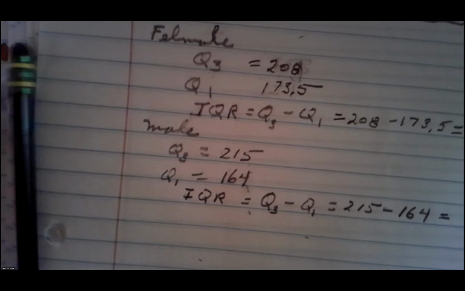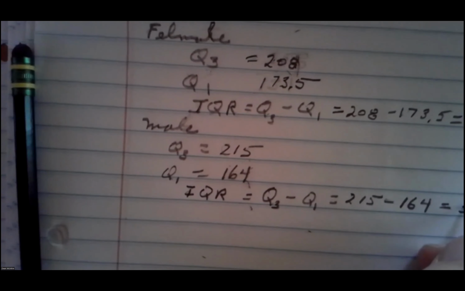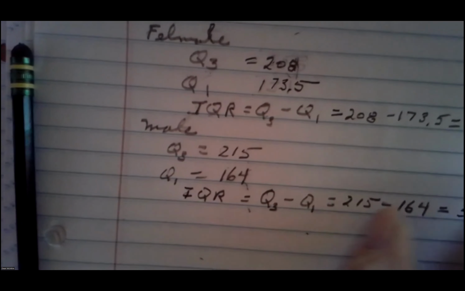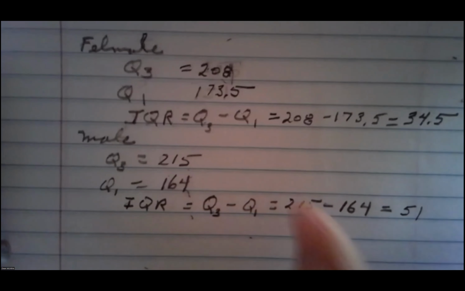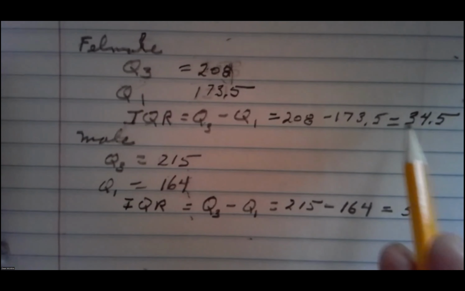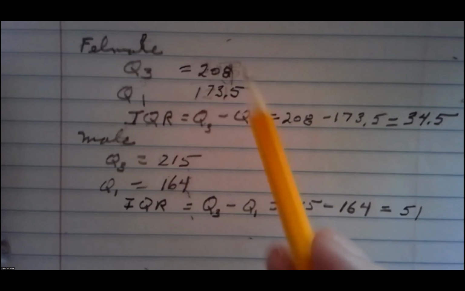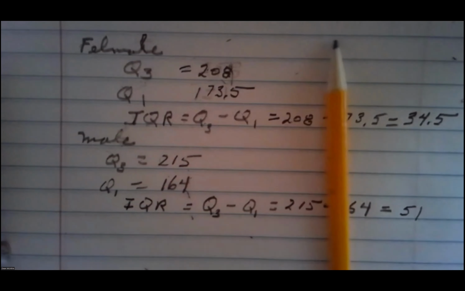And it comes out to be 51. Now, looks like 51 is larger than 34.5. So the IQR is largest for the male.